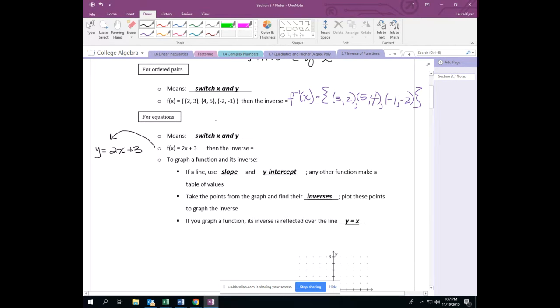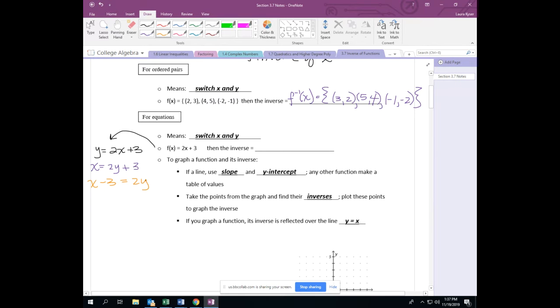And then I can make the switch of the x and y. So if I switch these, I've got x equals 2y plus 3. And now I have to isolate the y in my new function. So I'm basically trying to put it back in slope-intercept form. I'm going to subtract the 3 over and make this x minus 3 equals 2y.